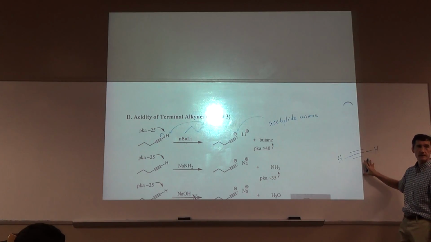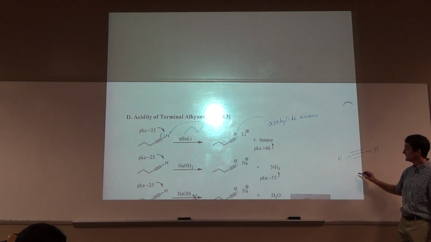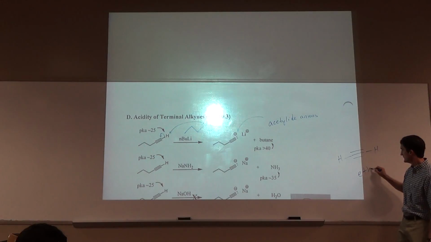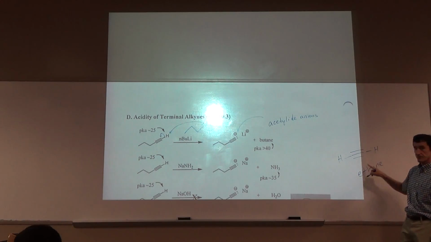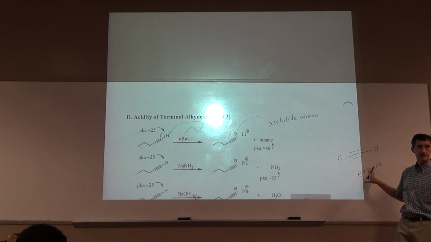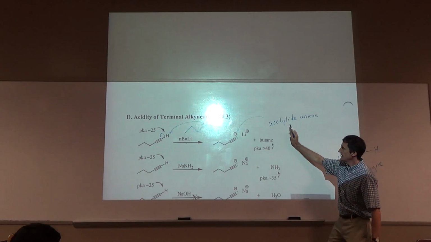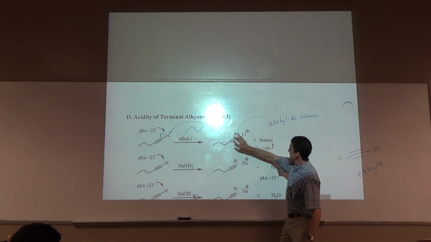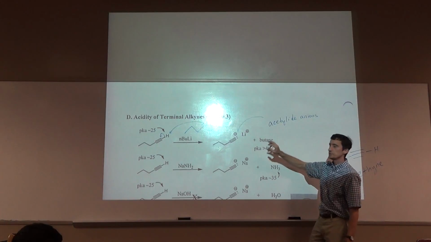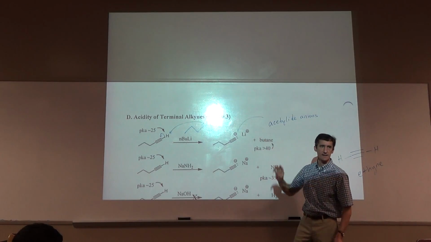What's the IUPAC name for this? Ethyne. You don't need a number. Ethyne. Nobody calls it ethyne. Acetylene. It's like the simplest alkyne. So that kind of comes from that. Now, that's got a group on it, but again, that's very generic. Sometimes you hear the anions called acetylide anions.